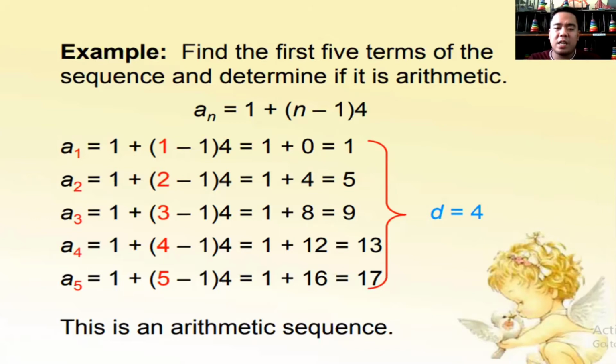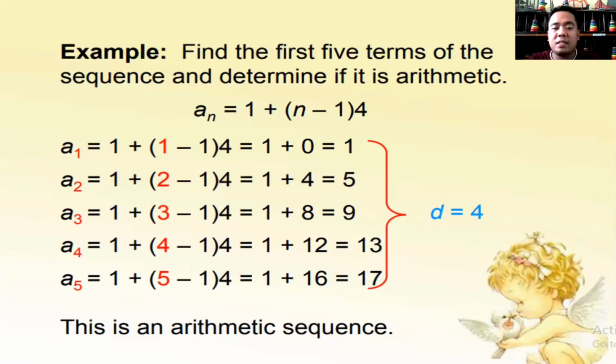Yes, it is an arithmetic sequence because if we get the common difference, it is constant, 4. There is a constant number 4 being added to the first term to get the second, to the second term to get the third, and so on.